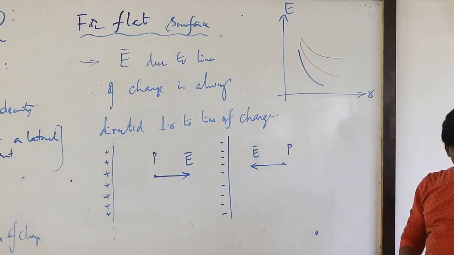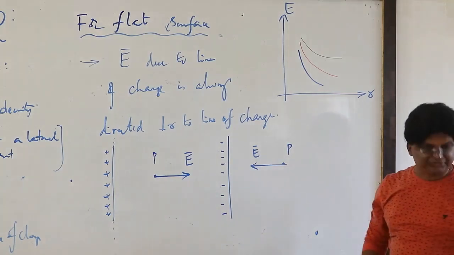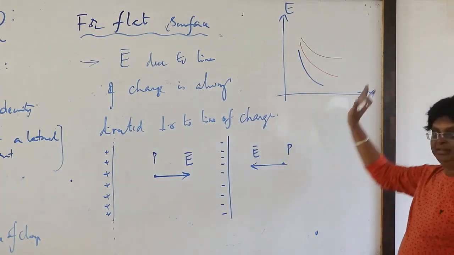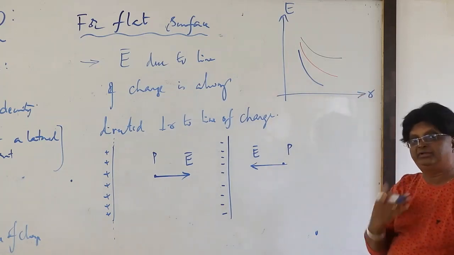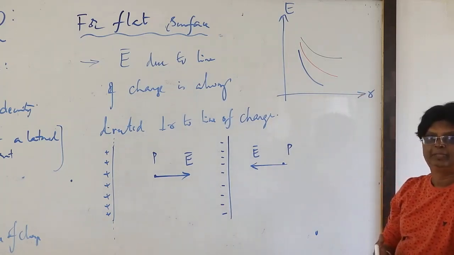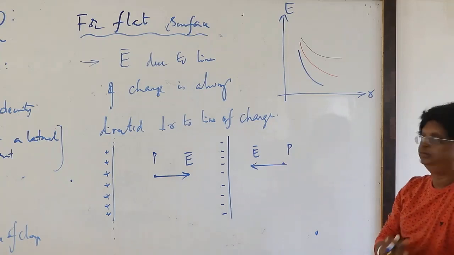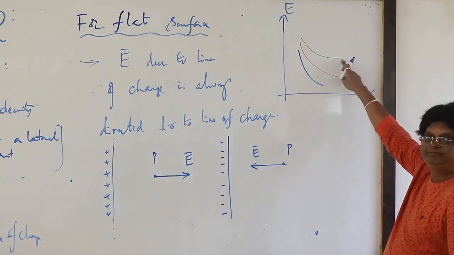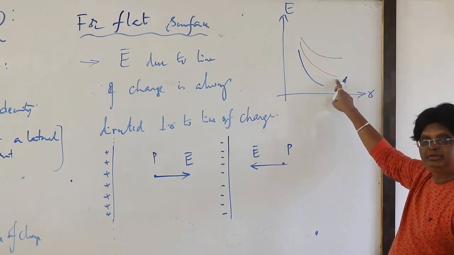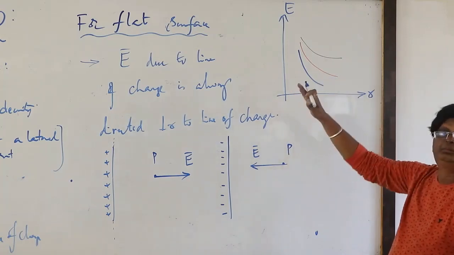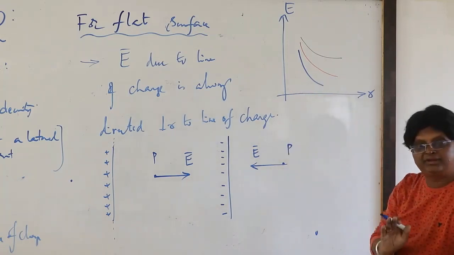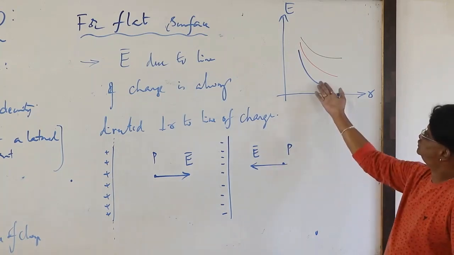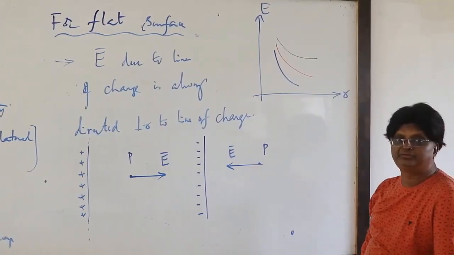Now look at these curves. What is the difference you find? Don't tell me red, blue, leave that color aside. What is the other difference that you find here? The slope. You see, this is less steep, this is more steep, and this is still more steep. There is a difference of slope.